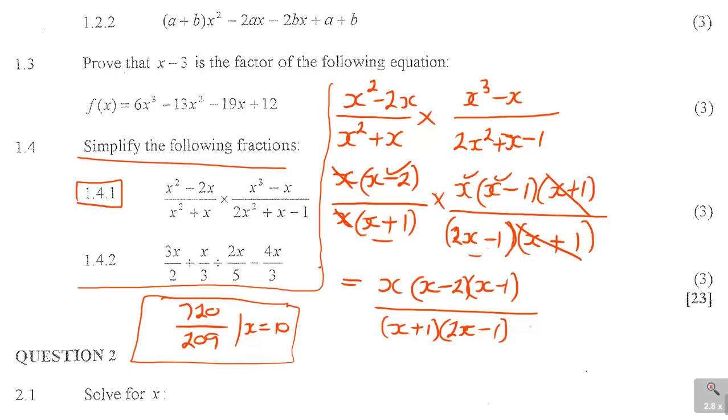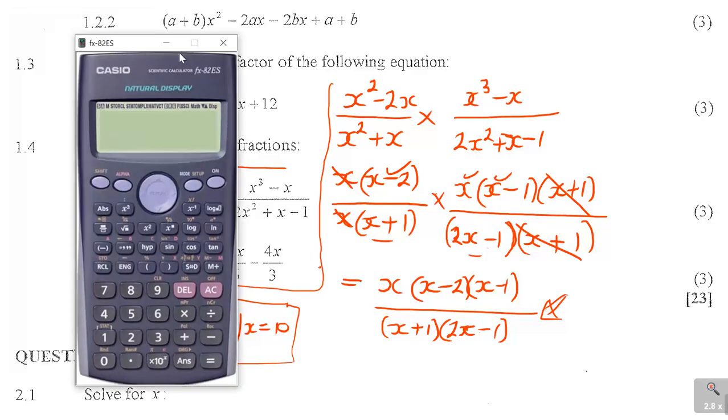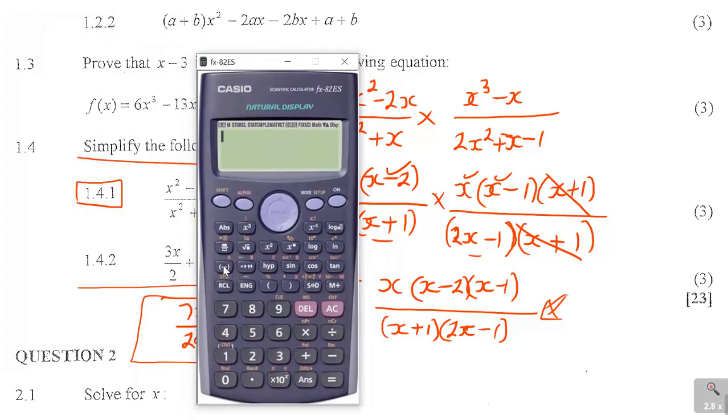Now let's try our 10 here. That's why our answer was actually changing. Let me put x is equal to 10 in my final answer. So I'll have here 10 bracket 10 minus 2 and then 10 minus 1, all over bracket 10 plus 1. It must match with my other one, 2 times 10 minus 1.